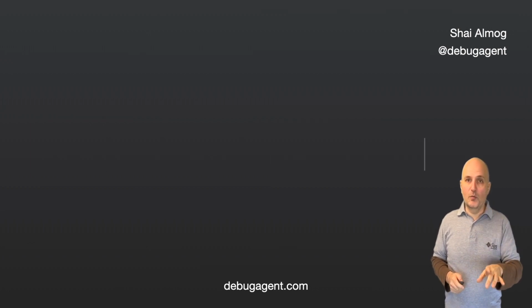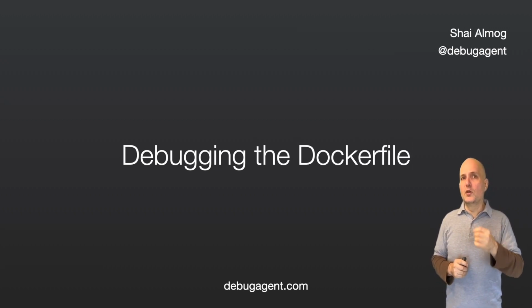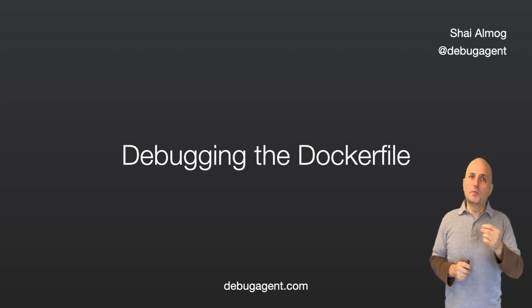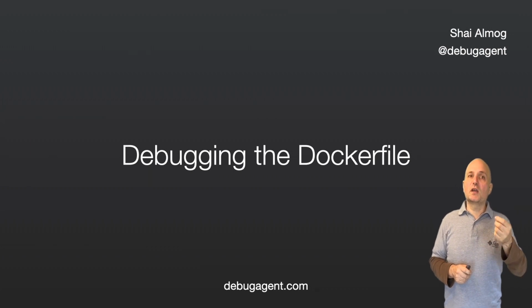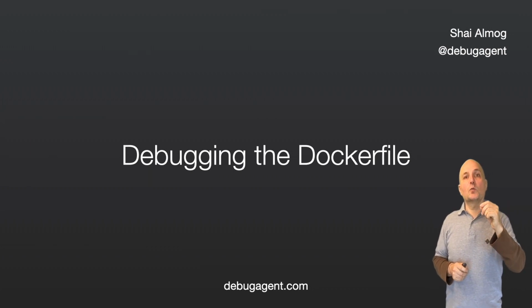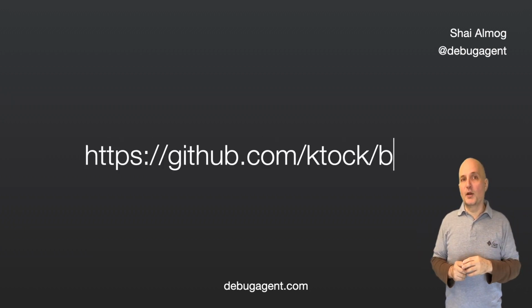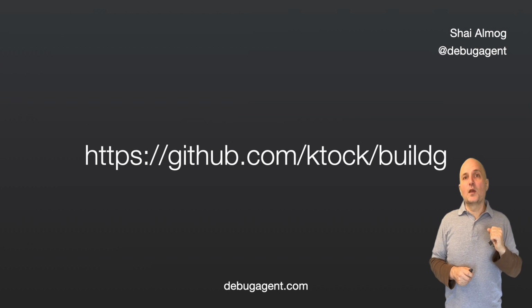A relatively new addition to the configuration troubleshooting process is BuildG. BuildG is an interactive debugger for Docker configuration that lets us run a configuration file while stepping over the stages. We can set breakpoints like we can with any debugger. You can check out the installation instructions in the GitHub page you see here.